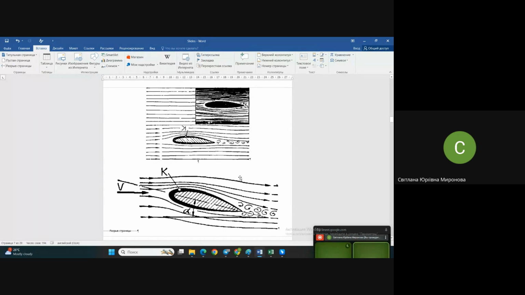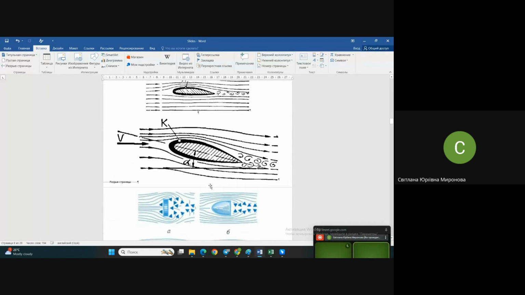At that moment it was not studied; it was only stated that there is a dependence. And here we already have, designated like alpha, the angle between the undisturbed streamlines of the flow and some middle line of this object. What is this middle line? We don't know yet, but we're going to talk about it.